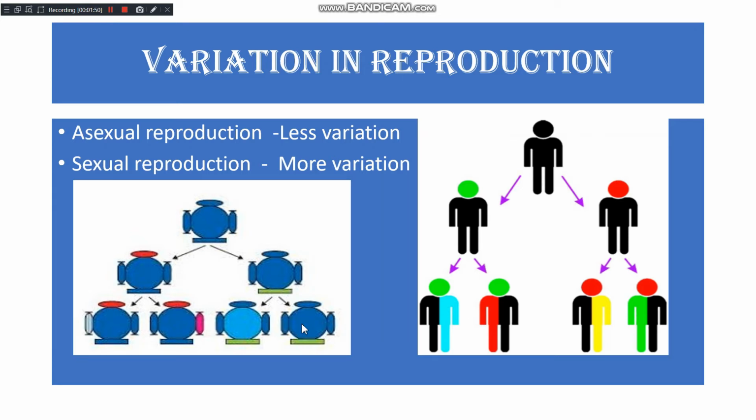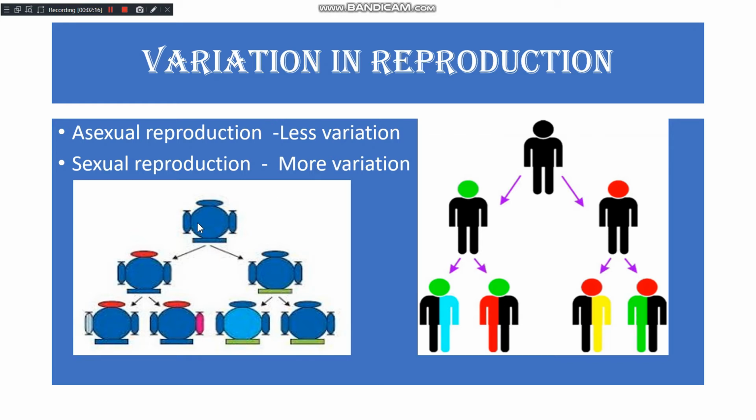In this way, generation after generation the variation takes place, and these variations accumulate, meaning they remain in the organism, and after so many generations a generation will come which is totally different from the parent.